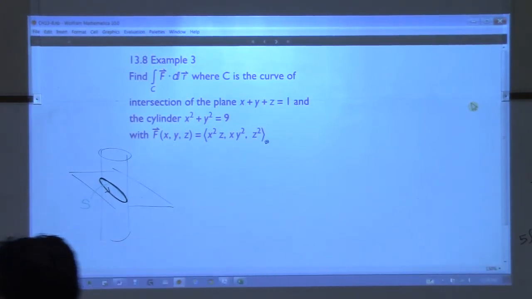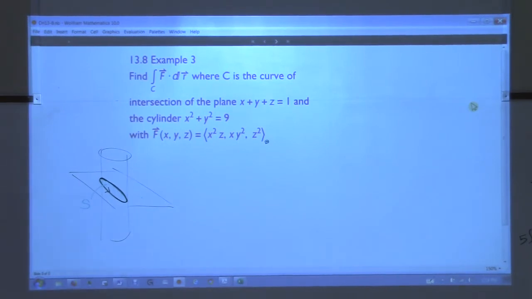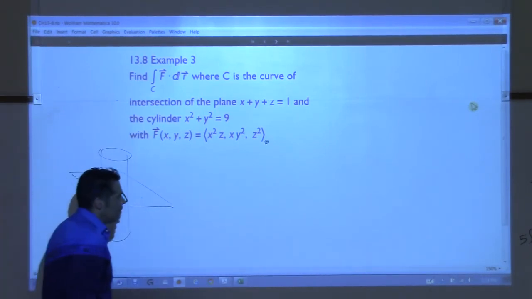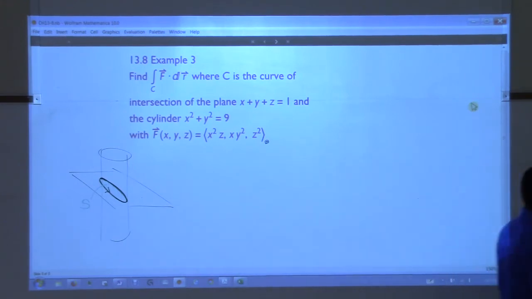Any progress being made? We found the curl and we started to be able to find a process to figure out the normal vector. Okay. That's what we're at. Let's see here.